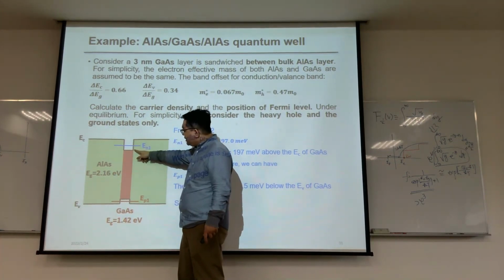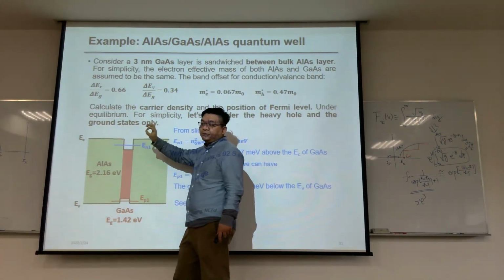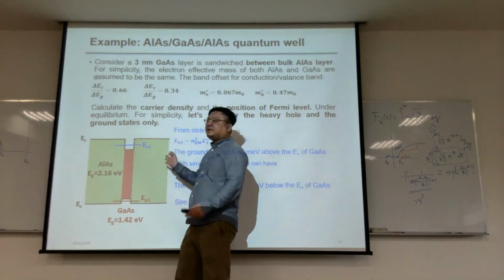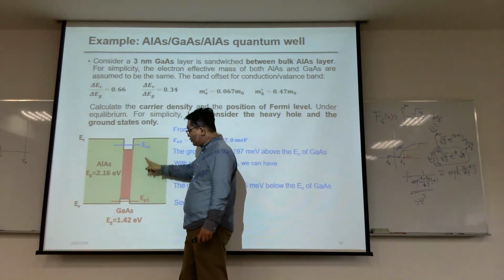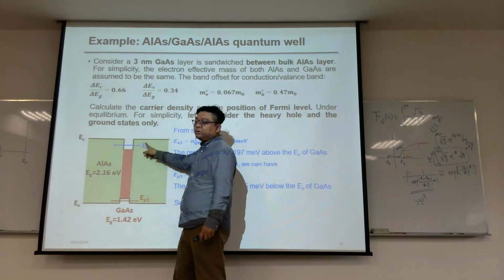For energy between EC and EN1, the density of states is 0, so there will be no absorption. The energy is large enough, but there is just no state. So the minimal band edge absorption will be from EP1 to EN1.